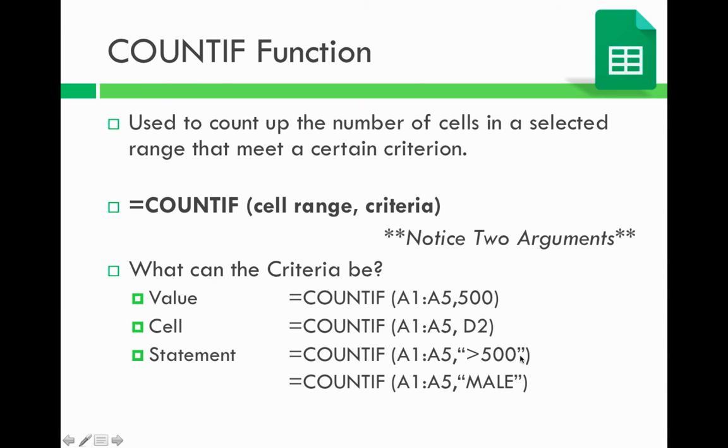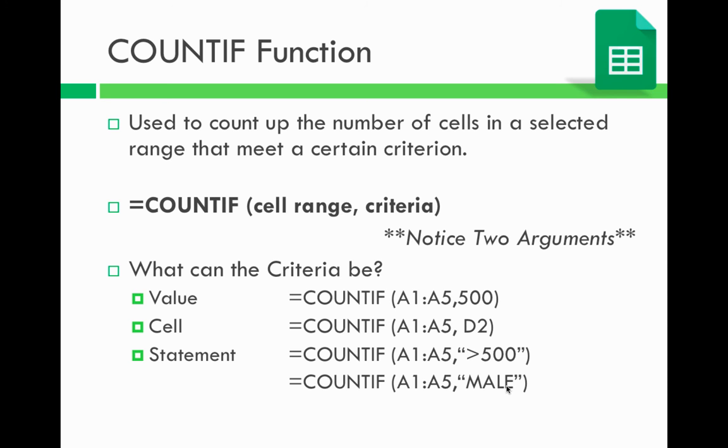If you want to match text, you can also put the text you're trying to match in quotes as well. So please count any cell in this range that equals male. Okay, so if we had male and female maybe stored in our spreadsheet, I would want to look for all of the males spelled out, or all the females, however you indicated male, female, or whatever it might be.